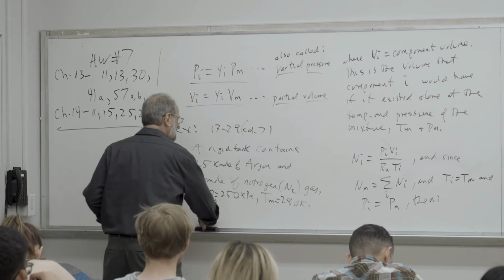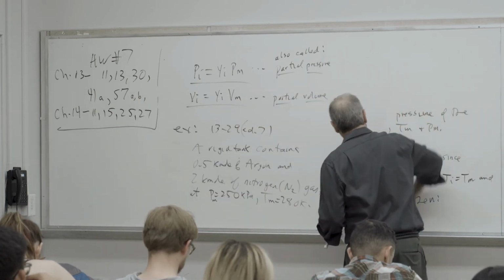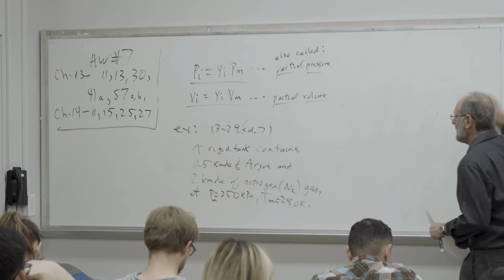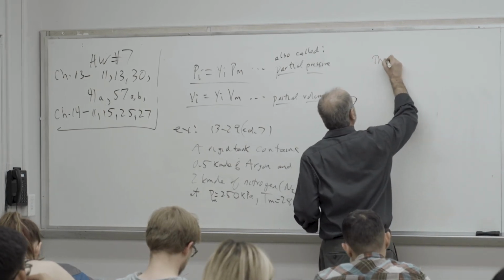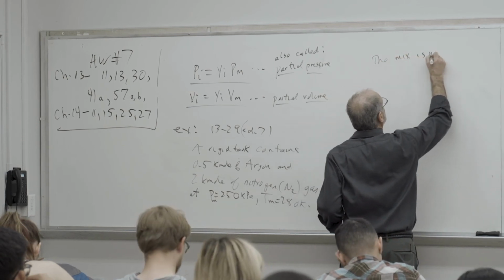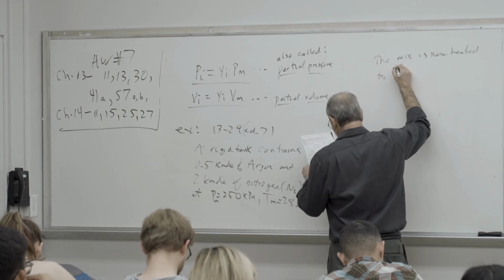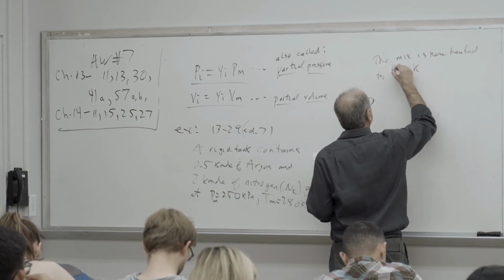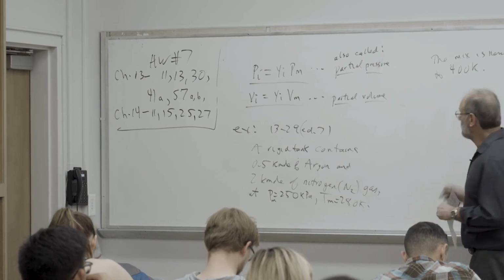Now it tells us that this mixture is heated until we get to a higher temperature. Okay, so the rigid tank contains this at this condition. The mix is now heated to 400 Kelvin. And what we want to do is find the volume of the tank and the final pressure of the mixture.